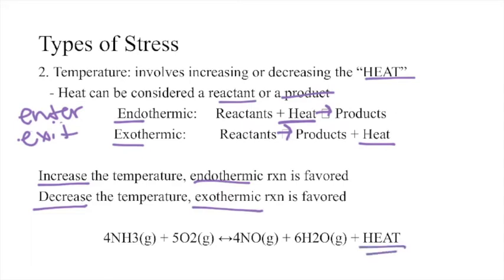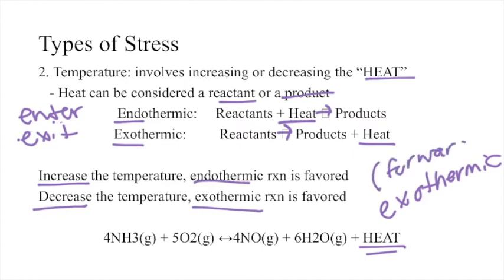So heat is a product. So this reaction, the forward direction is exothermic. I'm going to put forward here so we know which direction we're talking about. So the forward reaction is exothermic. So if I now increase the temperature, up above, I said that if increase the temperature, the endothermic reaction is favored.